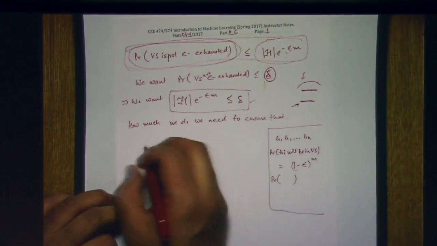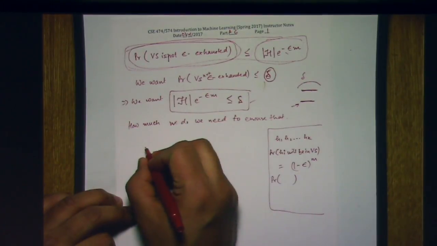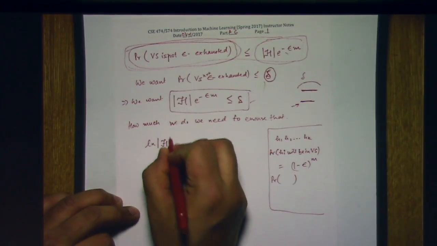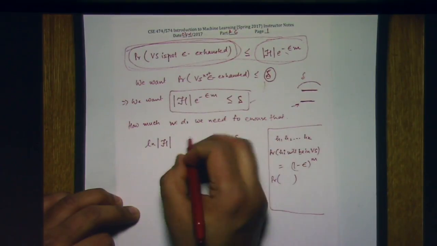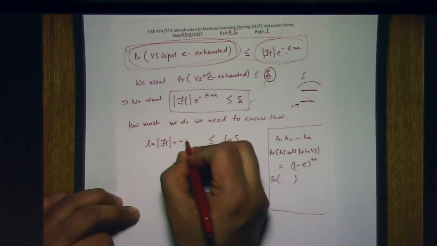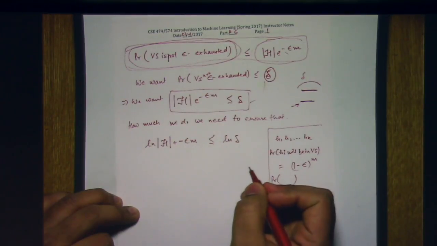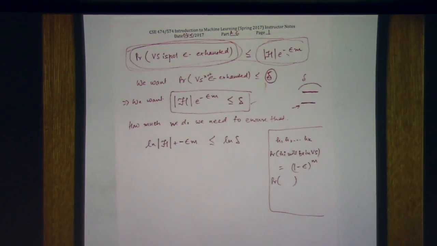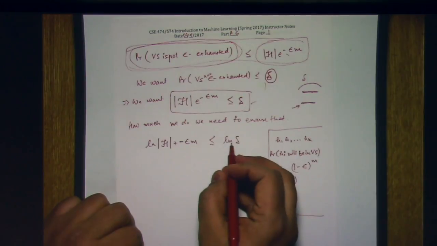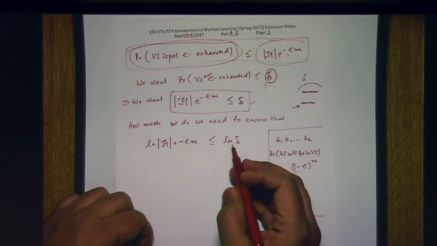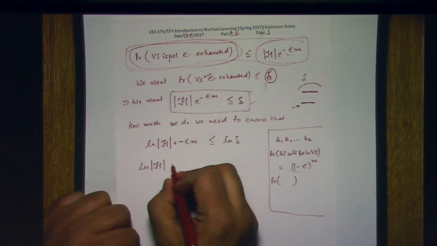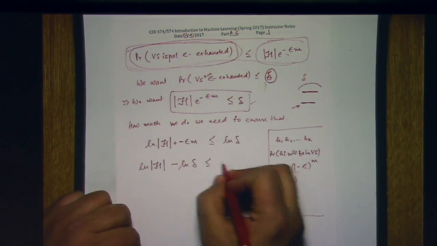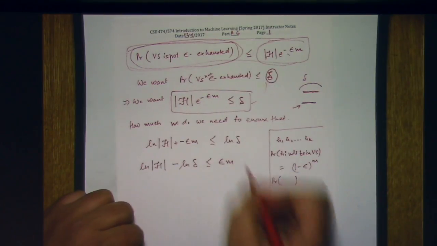So all we do is we take a natural log on both sides, right? And then this comes here, so minus log of delta is greater than or equal to epsilon m, brought it here, right?